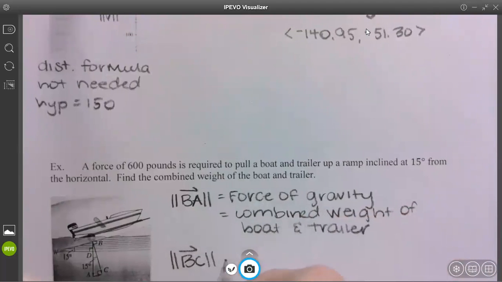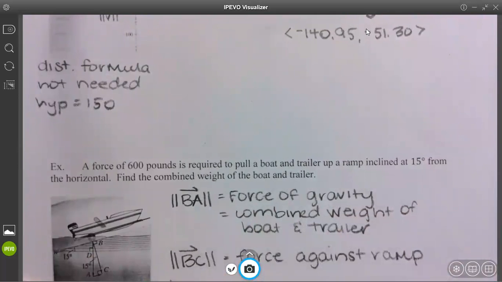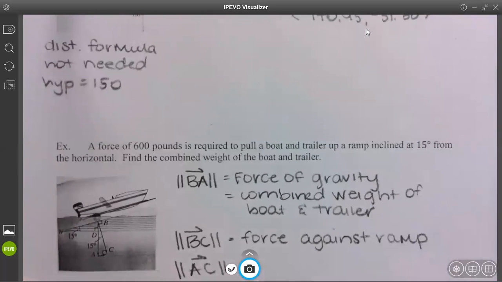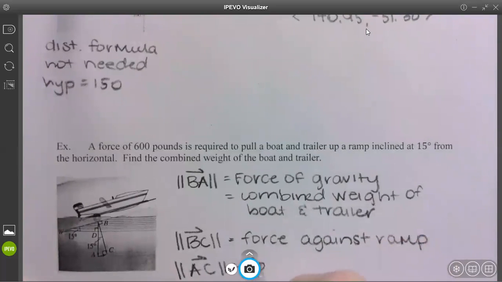BC, so this is BC, is the force against the ramp. And AC, here's your AC at the bottom, is the force that is required to move the boat up the ramp.